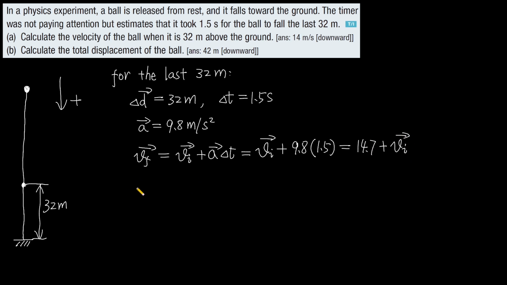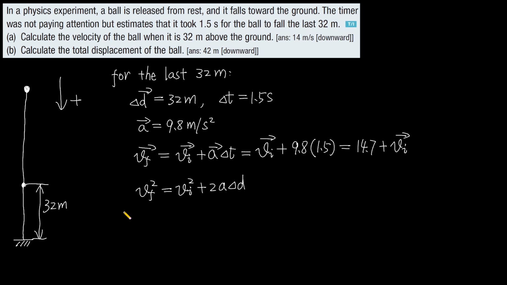And we know the formula: the final velocity squared equals the initial velocity squared plus 2 multiplied by the acceleration multiplied by the displacement. And we put the values in this formula.